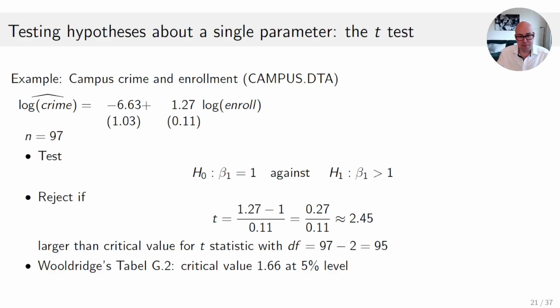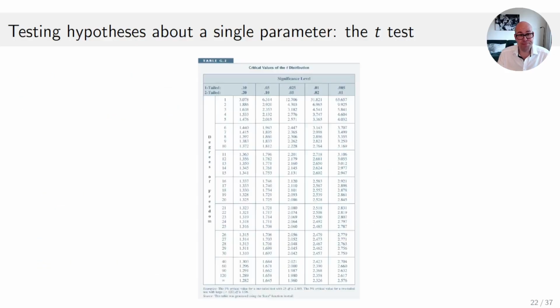Then again, if you go to table G2 in the book, you can by hand look up the critical value, and you will find that it is actually 1.66 at the 5% level for this one-sided test. The test statistic is bigger than the critical value, so you would reject the null in favor of this alternative.